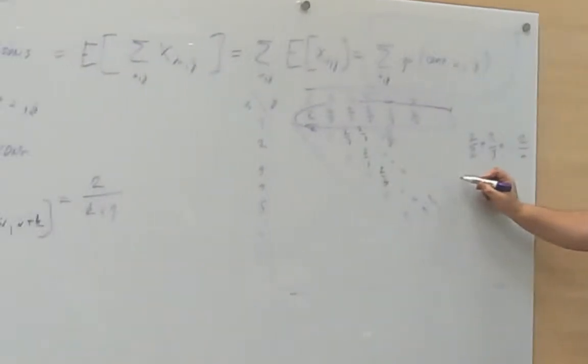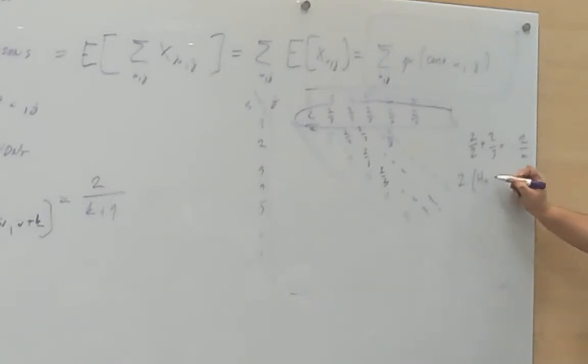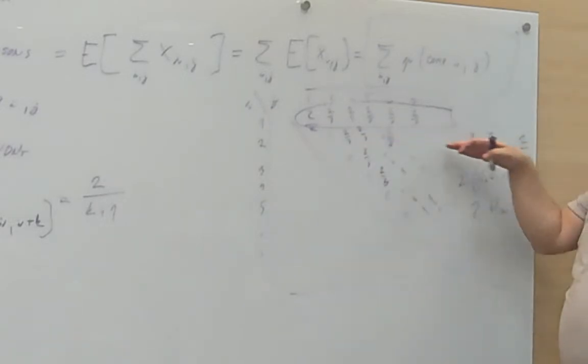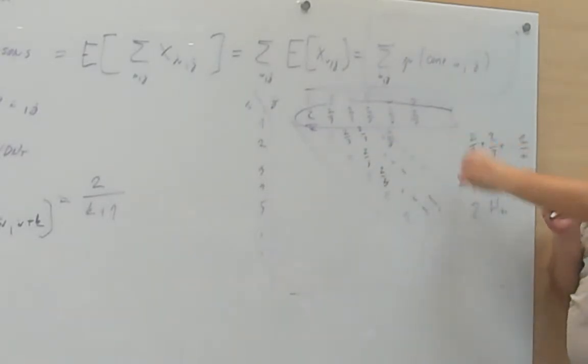So this is twice Hn minus 1, because at the beginning we don't have 2 over 1, so there is one term we are missing. So this is less than 2 times Hn. And each of the other rows is the same sum, but one term shorter.